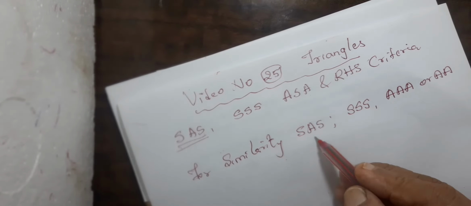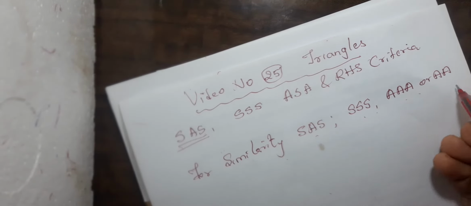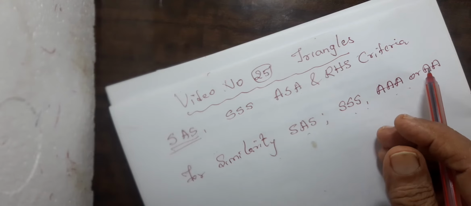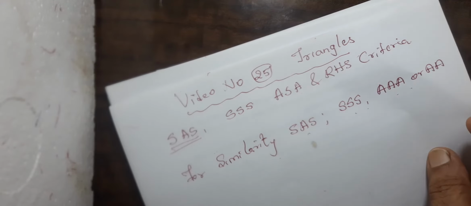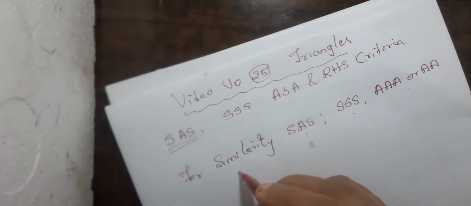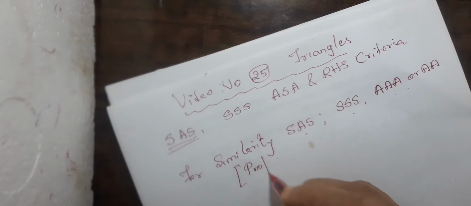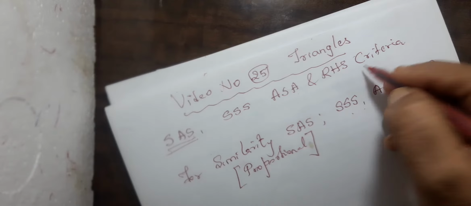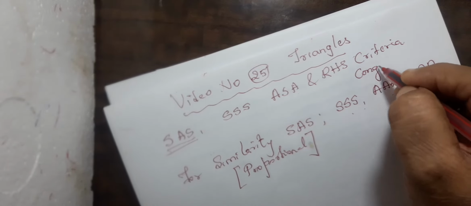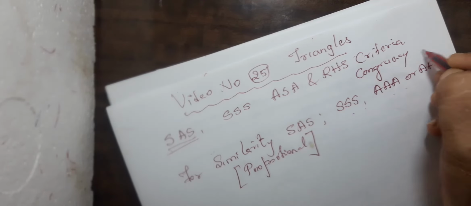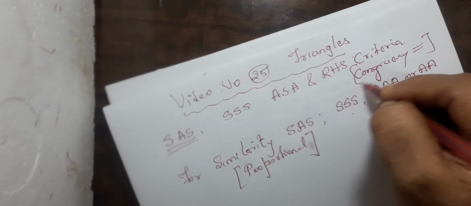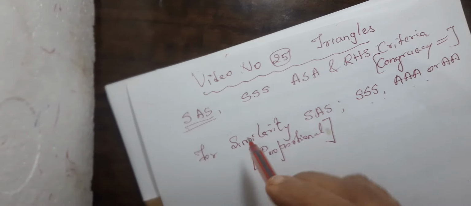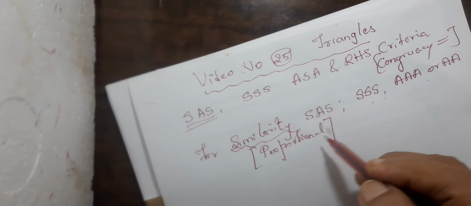For similarity, SAS, SSS, AAA, you should know these three things now. The only difference is proportional. They should be proportional. That is the main difference. This is for congruency, where they have to be equal. For similarity, they must be proportional.